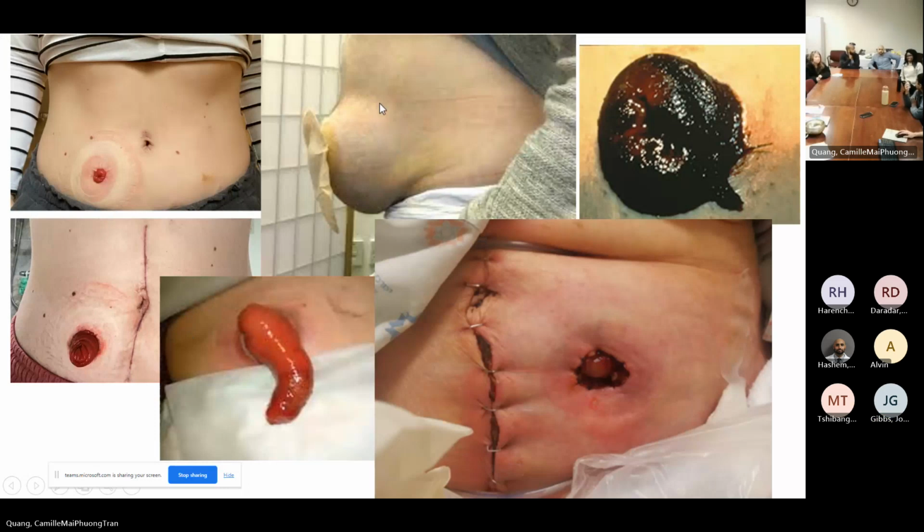What would you do in that case? If you have venous congestion, you monitor.